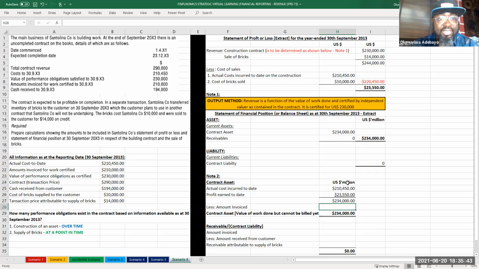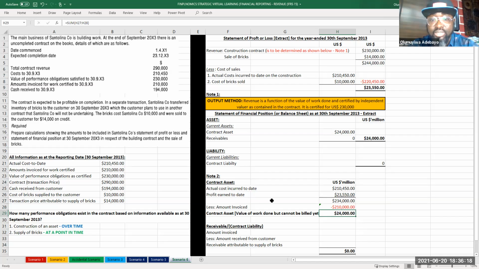How much have I invoiced? The amount I invoice, how much? Amount invoiced for work certified, 210. Which invariably shows that I've invoiced 210 out of this.